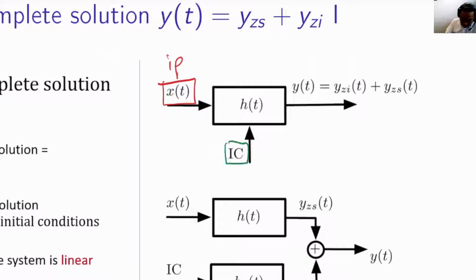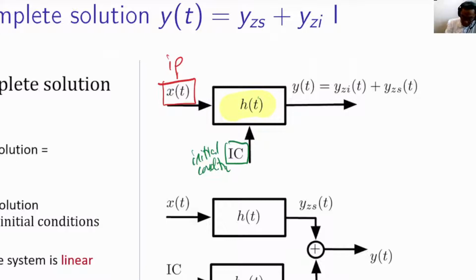We have the initial condition of the system. We have the system h of t, and h of t represents the impulse response of the system.